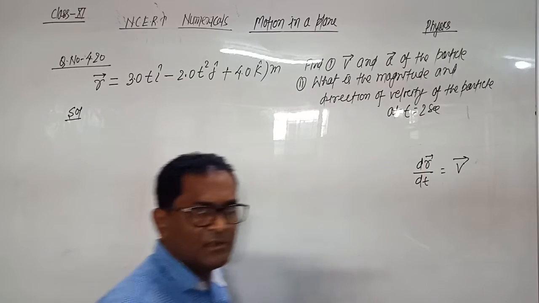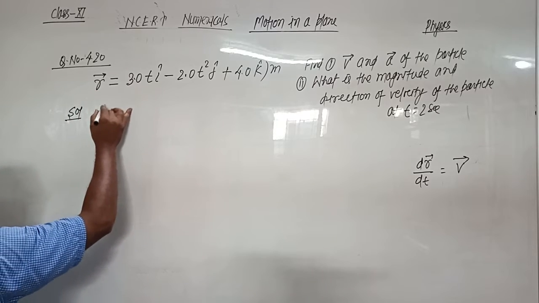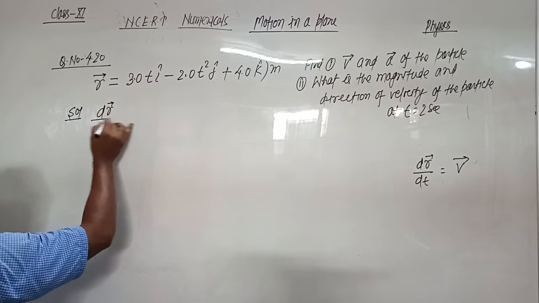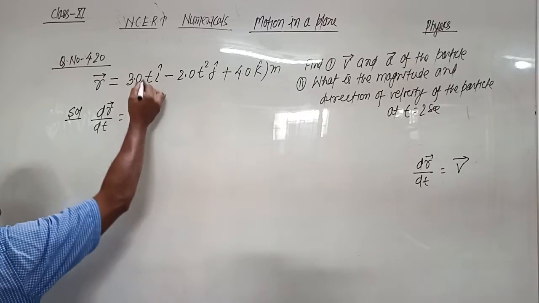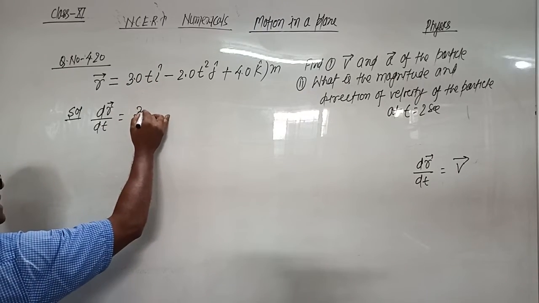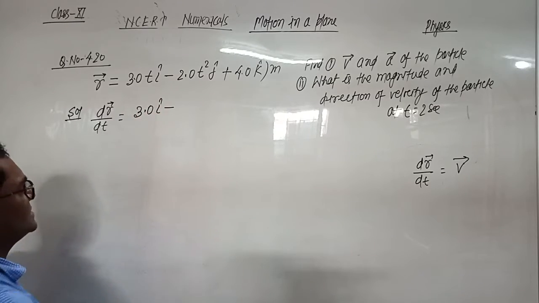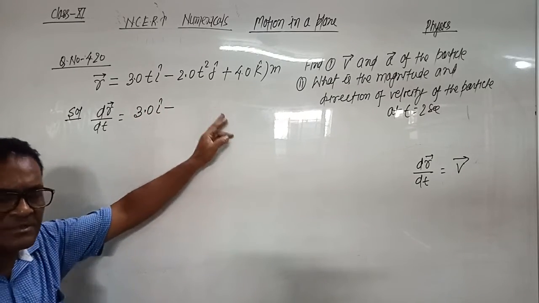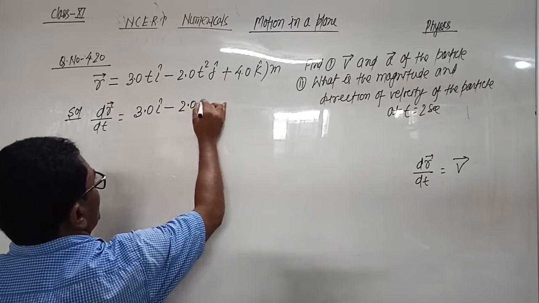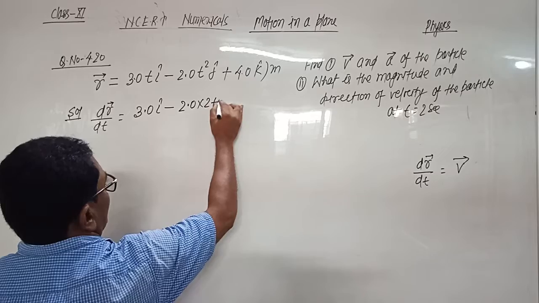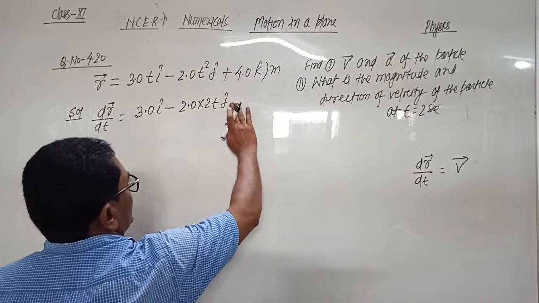So dr by dt equals 3.0 i cap minus 2.0 into 2t j cap, and differentiation of the constant term is 0.